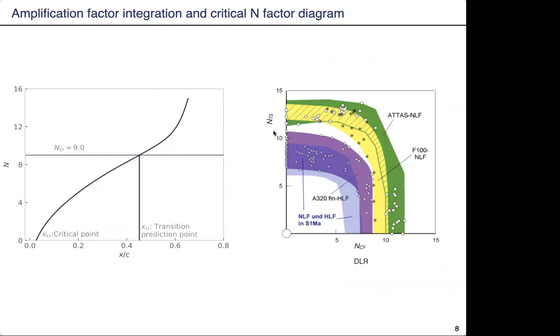With those tests, the critical TS and the CF critical N factors can be plotted as a diagram. Here it is a diagram plotted by DLR, and we can use the diagram to check which critical N factor we should use in the study under similar conditions.